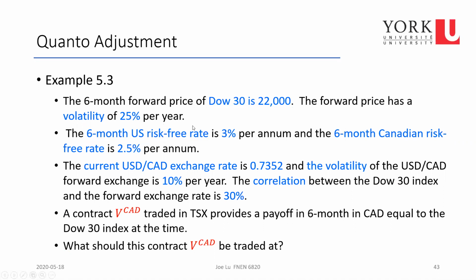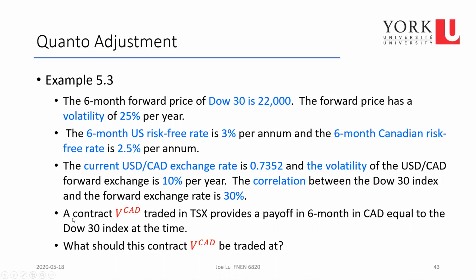The 6 months Canadian interest rate is 2.5% per annum, and the current US dollar per Canadian dollar exchange rate is 0.7352, and the volatility of that exchange rate is 10% per year. The correlation of Dow 30 index with the forward exchange rate is 30%.